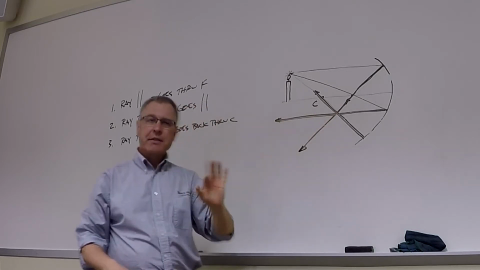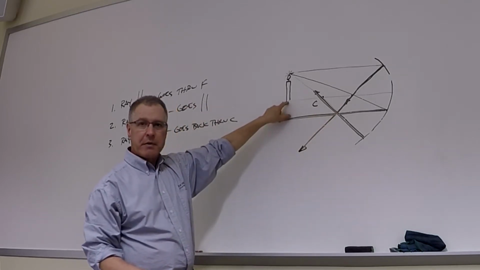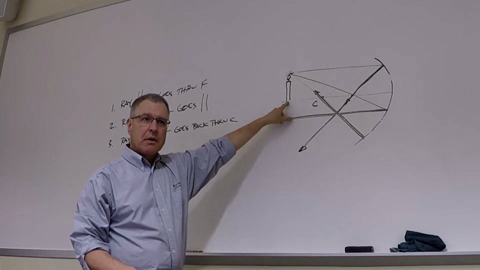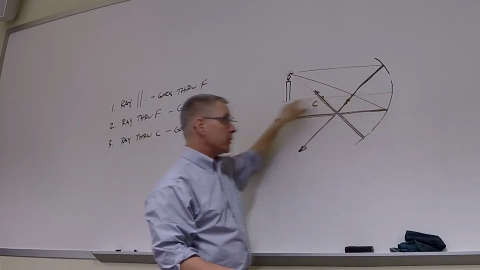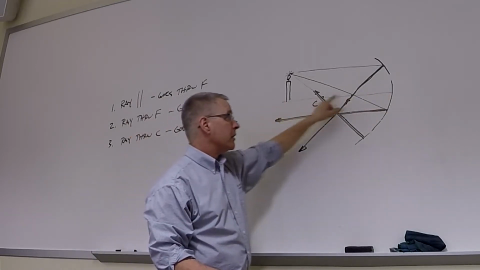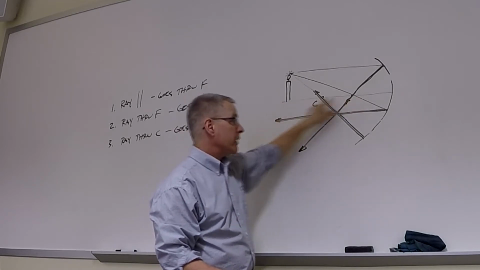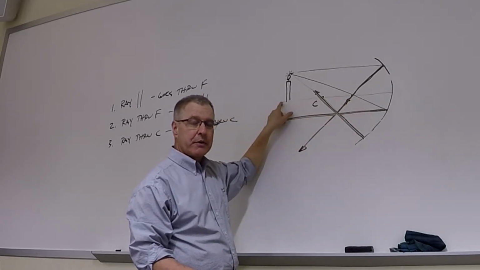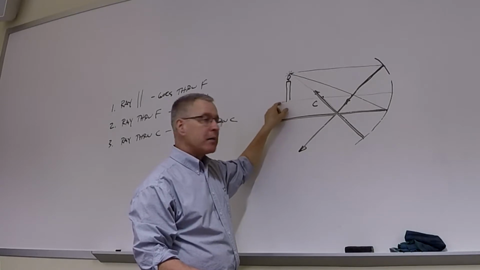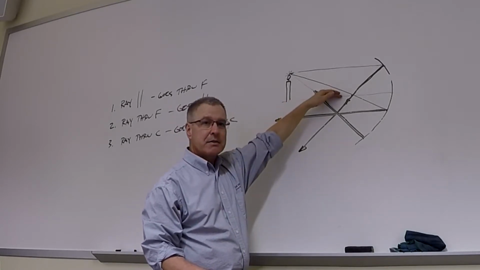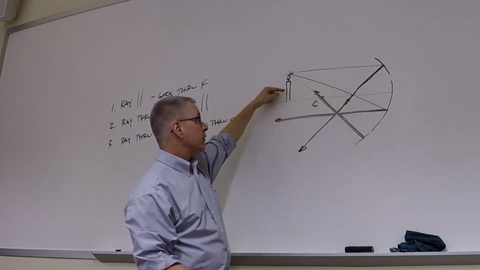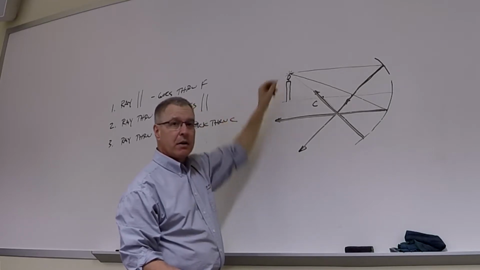See if this makes sense. If I did all the same thing with the bottom of this candle, a ray parallel would go through the focal point, a ray through the focal point goes parallel, and a ray through the center of curvature goes through the center of curvature. The image of the bottom part is right along this optic axis. I could do it for the middle of the candle, the top of the candle.